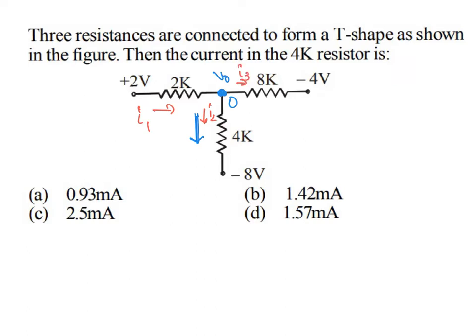By using Kirchhoff's current rule, incoming current is equal to outgoing current, so I1 equals I2 plus I3.